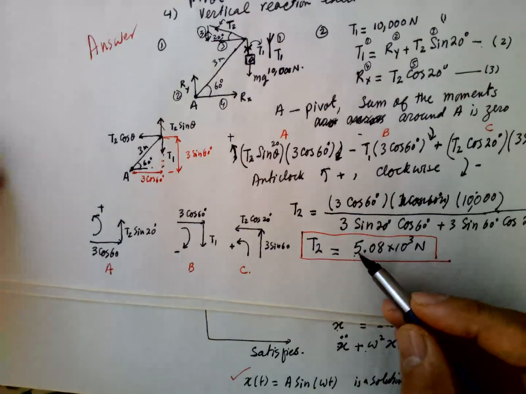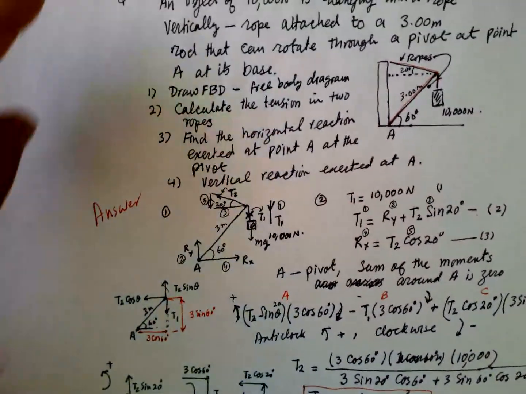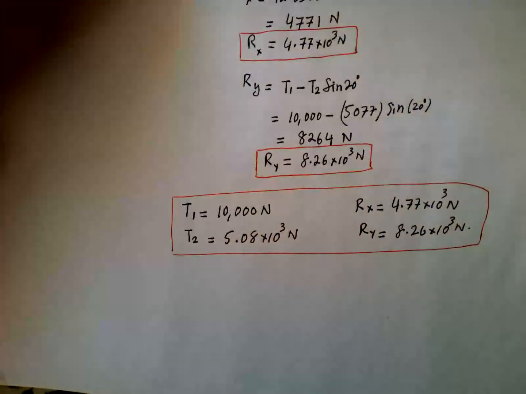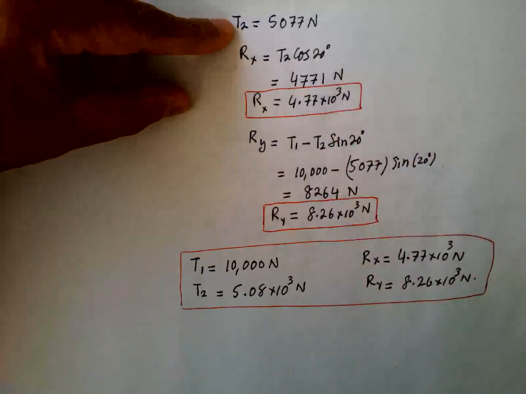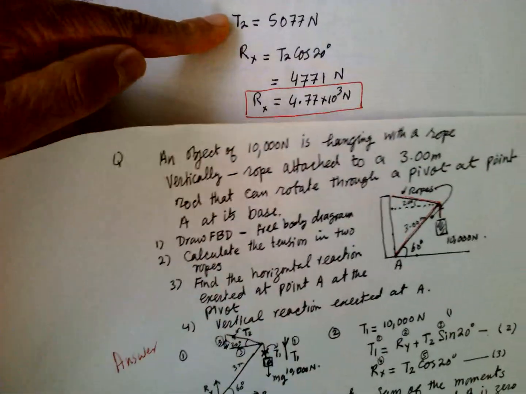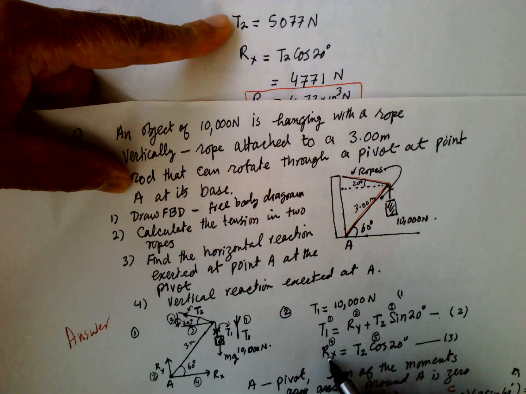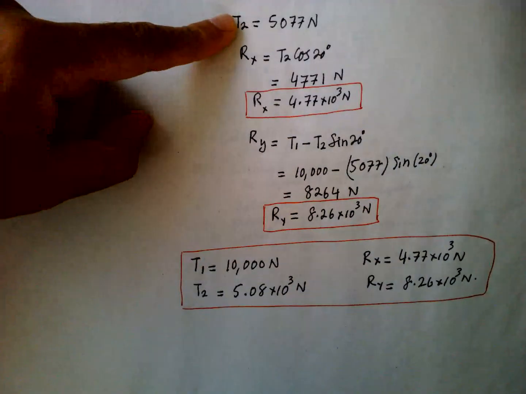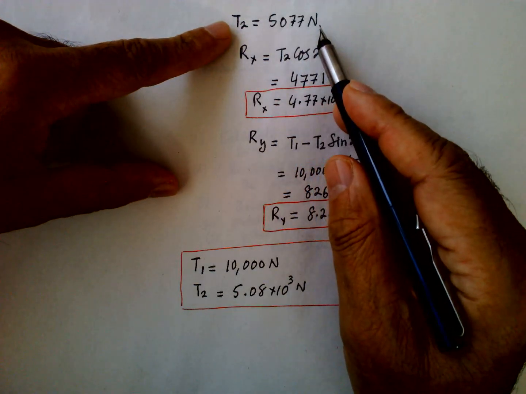So these are the question number 3. Next one is to find Rx and Ry. So when we have found T2, equation number 3, if T2 is known, you can find out Rx. T2 is equal to 5077 Newton.